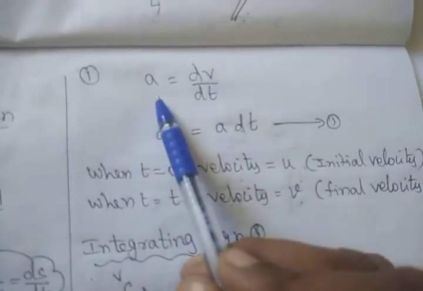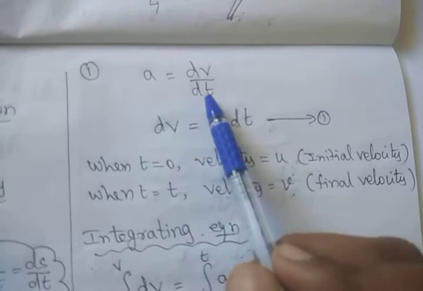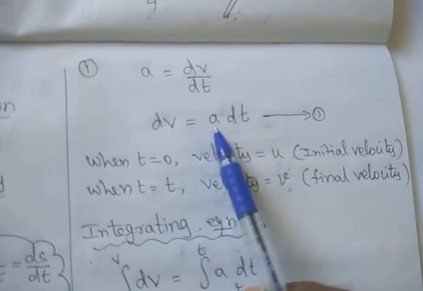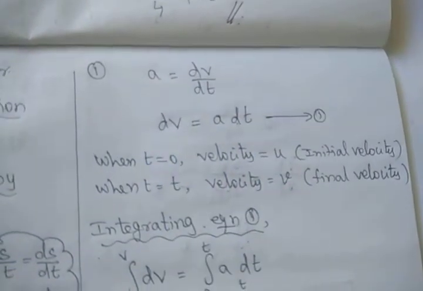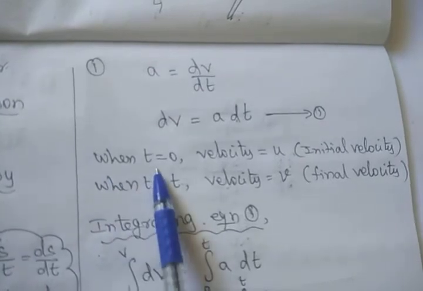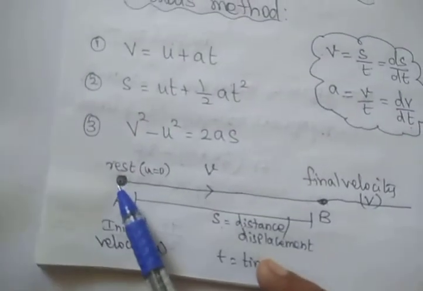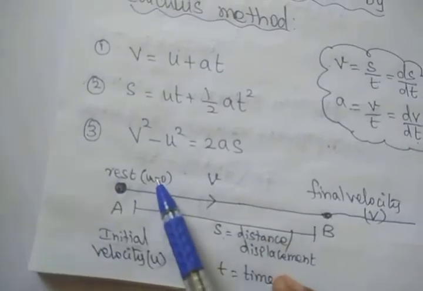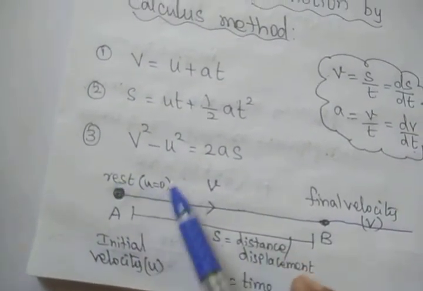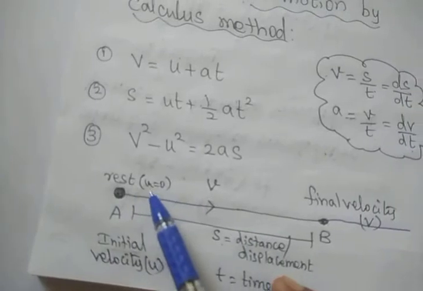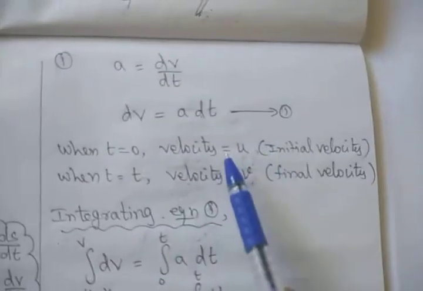What is the acceleration? dv by dt. Bring this dt here, that is a into dt, which is equal to dv. At the time t is equal to 0, what is the velocity? It is u. At the starting point, the velocity is u. In this case you take the initial velocity 0, but in our derivation we take it as u alone.